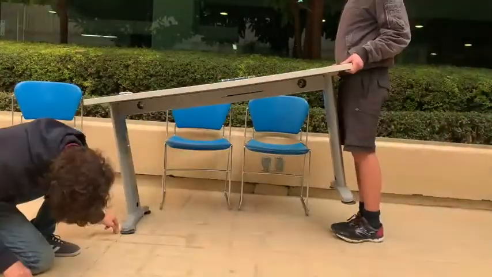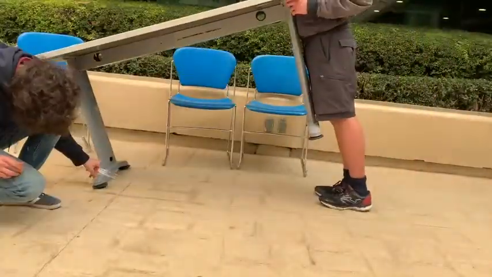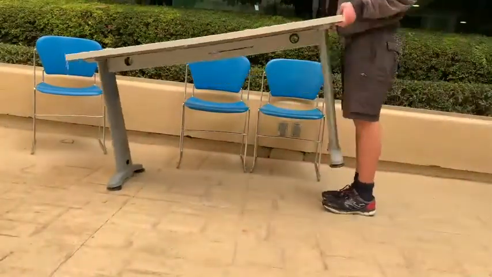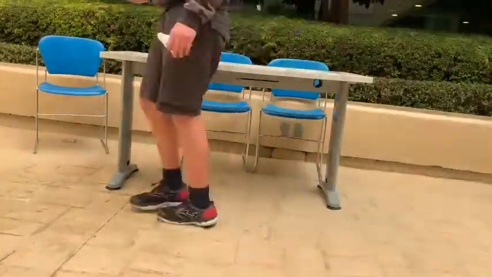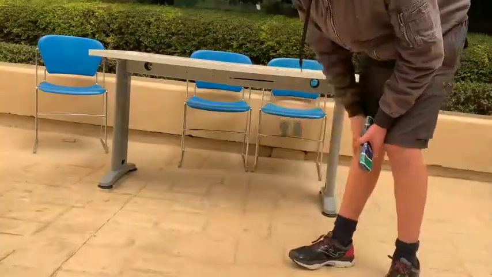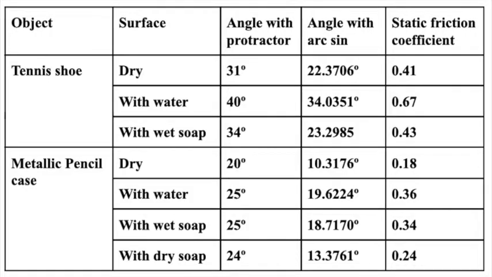As you can see, the data from the experiment doesn't match the hypothesis. That is why we decided to perform this experiment one more time, but this time with a metal pencil case. Here we have a table with all the results from both experiments.